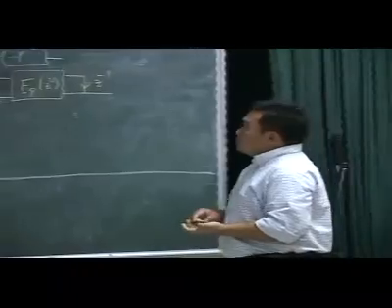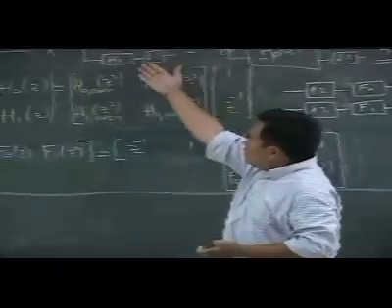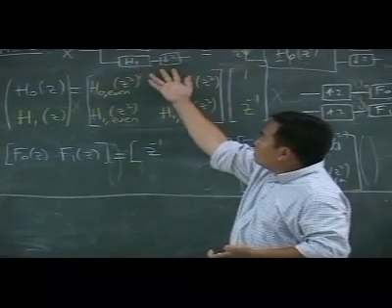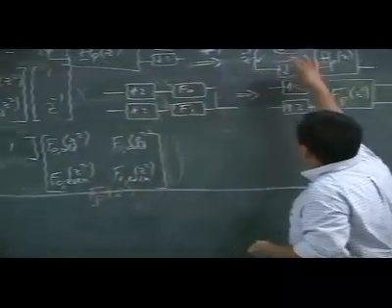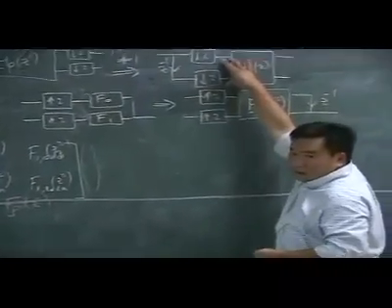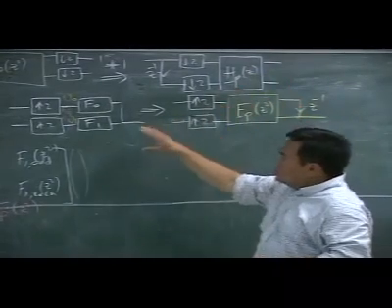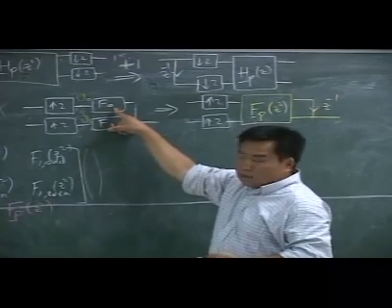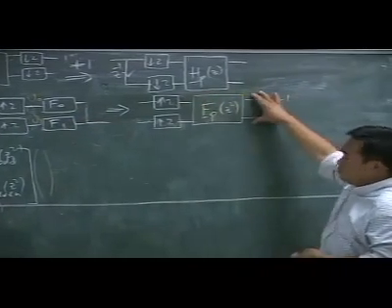Now, similar to the case where it is not efficient to implement a filter bank using filter and then downsample, we want to first block the input and then filter at low rate. It is not efficient to increase the rate and then filter. So we want to somehow move this block to this side.